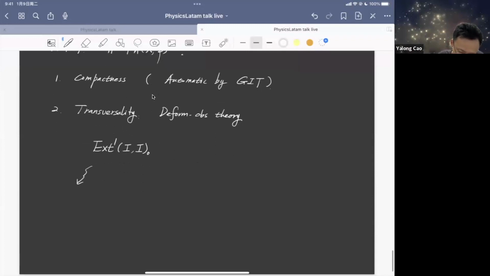If you're not familiar with this Ext group, you can just write it as a cohomology of X with the endomorphism of I. In the vector bundle case, this is just like, although it's never a vector bundle, let's say this is a bundle, we can take this endomorphism, and you can understand it as a Dolbeault cohomology. Anyway, this is the D-bar cohomology.